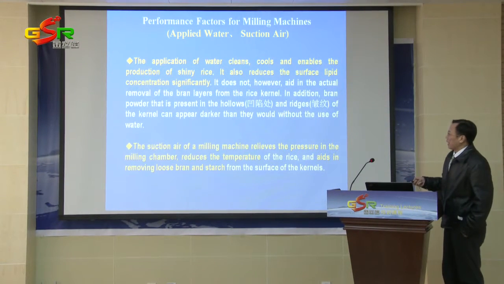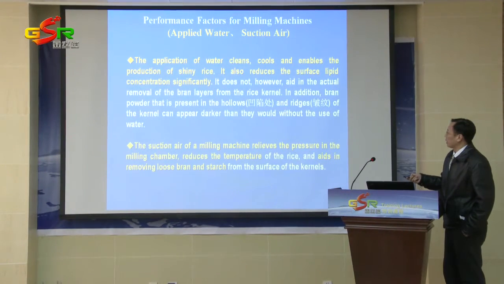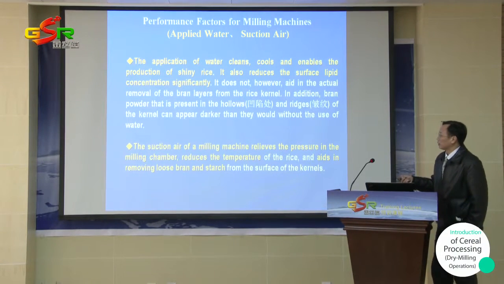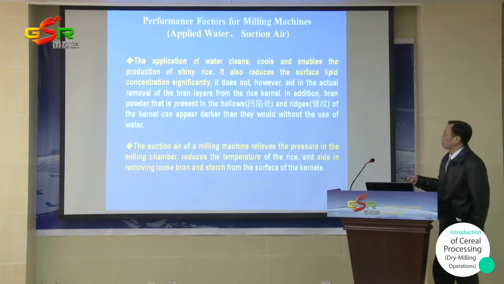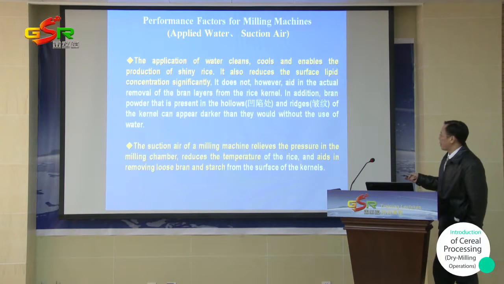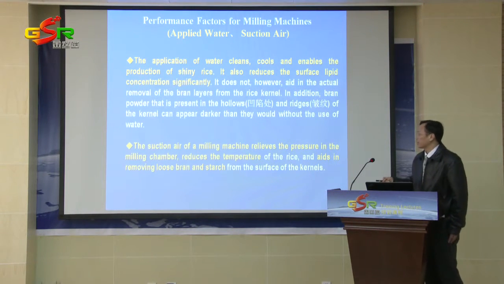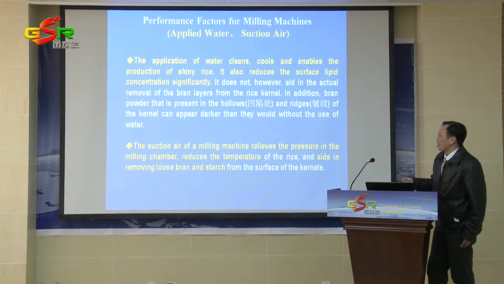And the air in the milling machine relieves the pressure in the milling chamber, reduces the temperature of the rice, and removes loose bran and starch from the surface of the rice kernel.